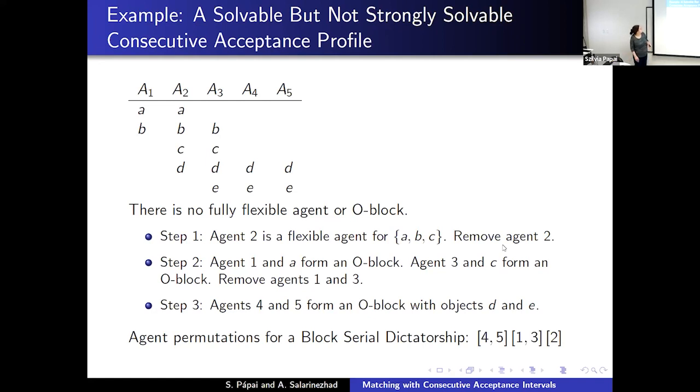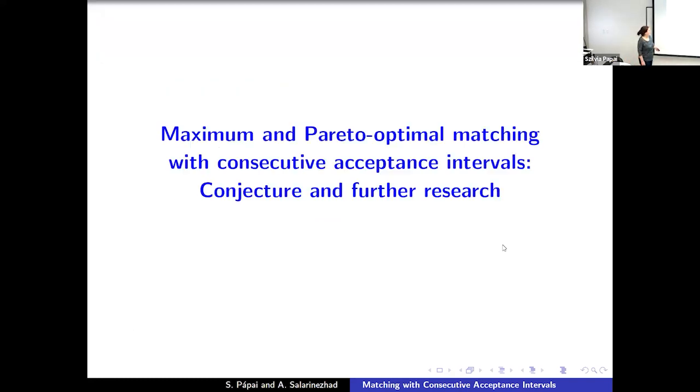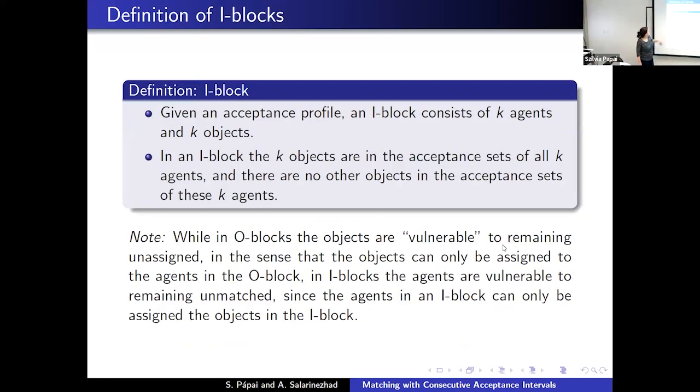All right. Okay, so I actually don't have much. It's just a conjecture for the research, and I already kind of referred to this a little bit. So an I block, I think I have one more slide. An I block is basically, as I already described before, again, key objects, key agents, but in this case, it is the agents who are vulnerable.